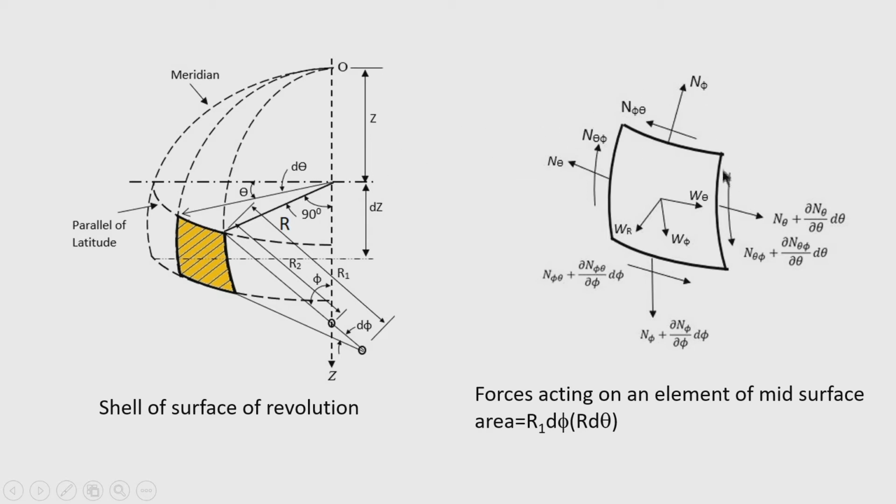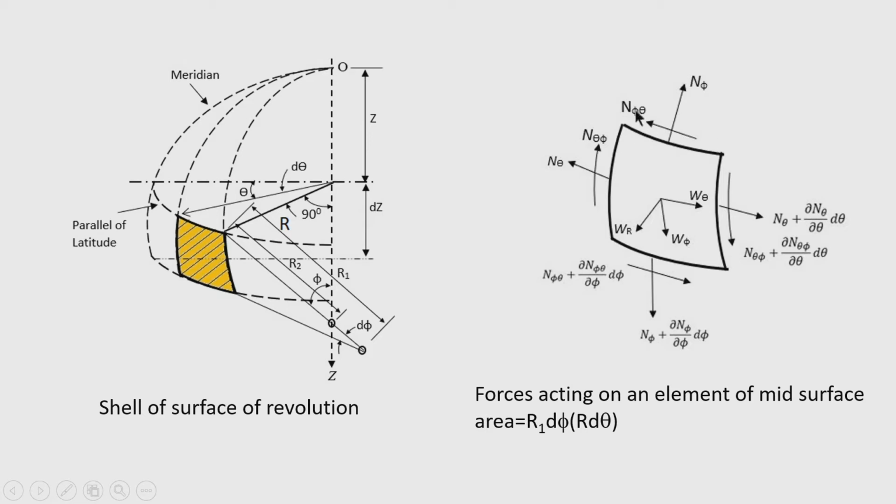Similarly, the force on this edge, n theta, will be n theta multiplied by r 1 d phi. So, in this way we can find the total force on the element, considering the distribution of the membrane forces on the small element is uniform, because this elemental length is very small.